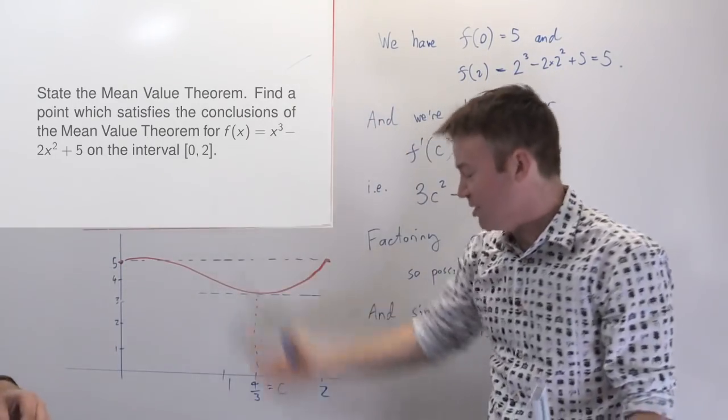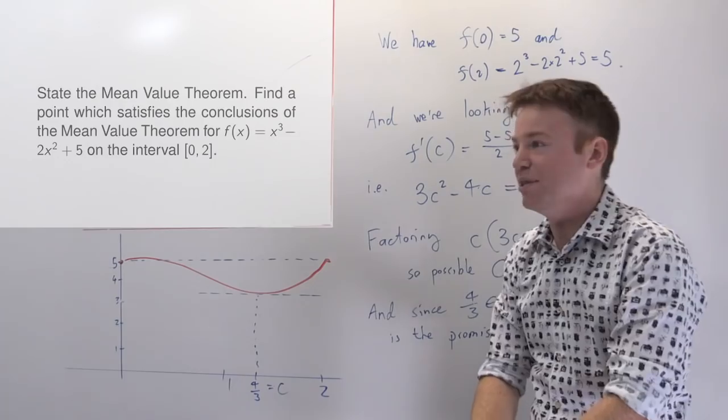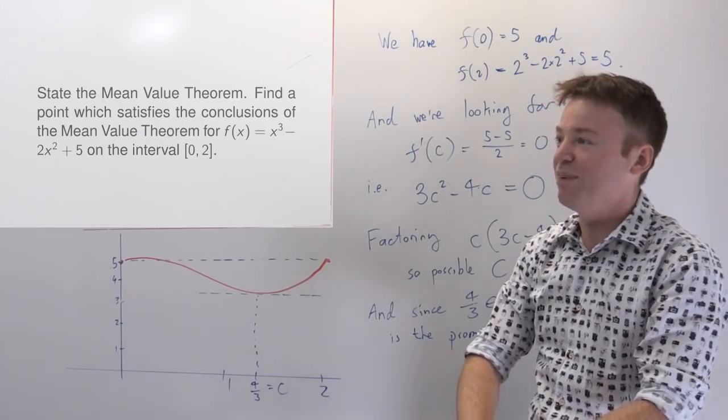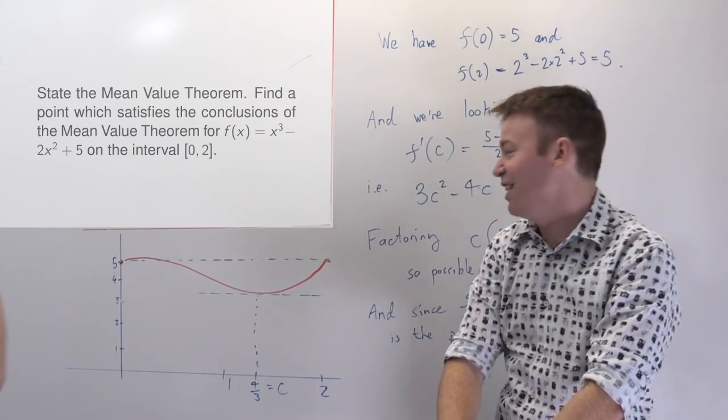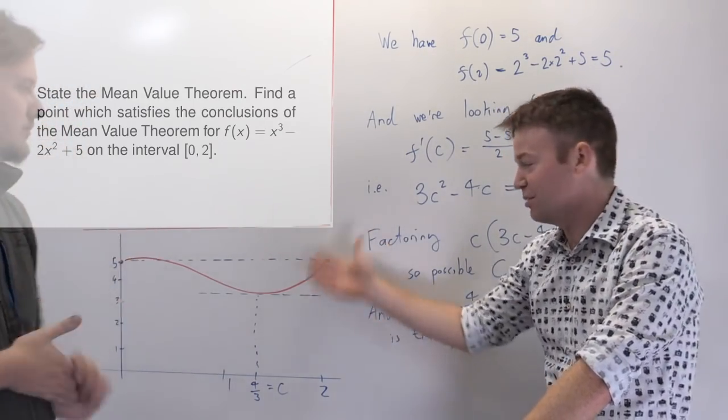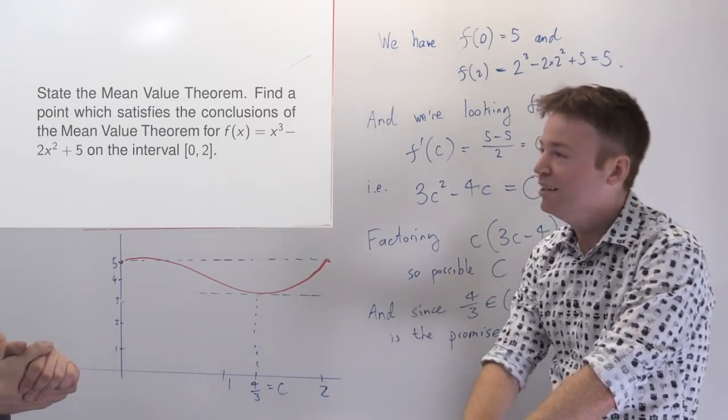The whole theorem is summed up neatly in the picture. So I love the picture. I think we should also change the question to give a pictorial representation of the mean value theorem, because it's just as informative. If you do get asked a mean value theorem question, draw a picture, because it'll help.